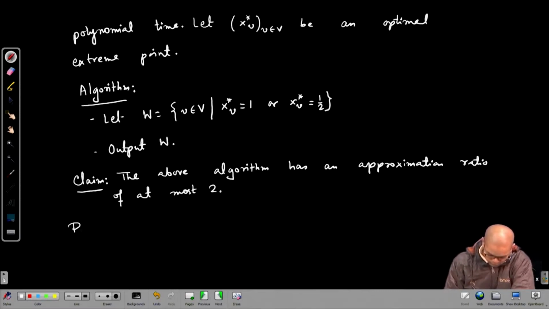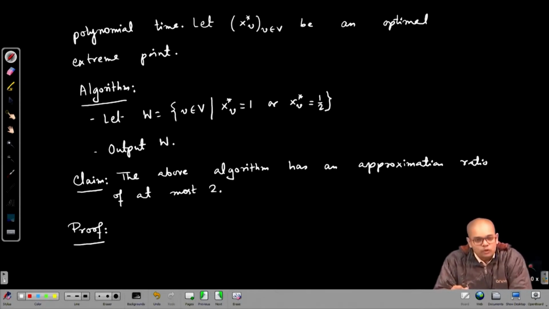Proof. The value of the objective function at x star is a lower bound on opt.